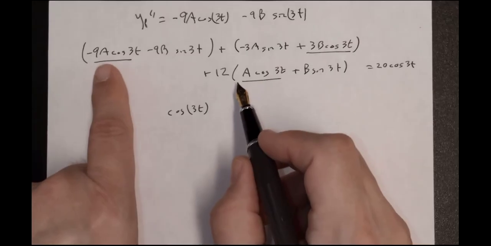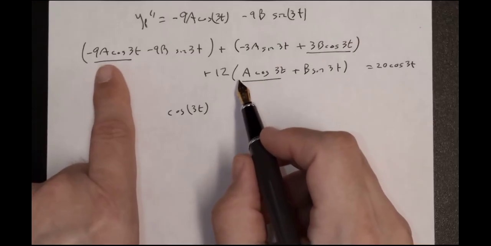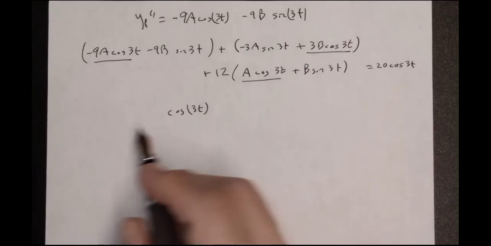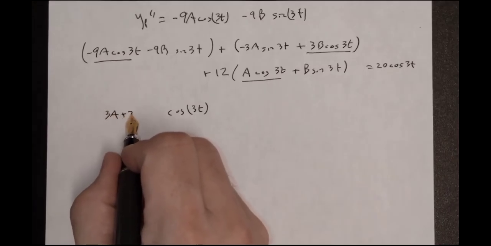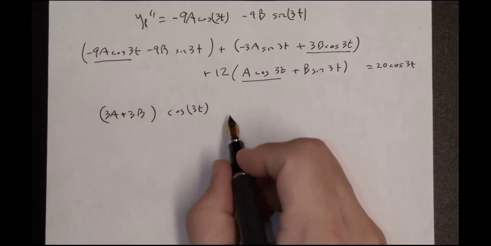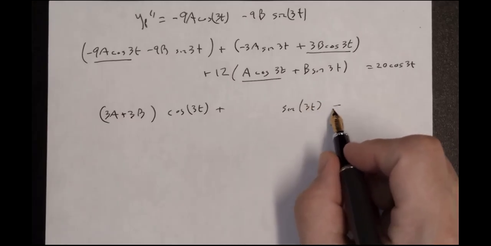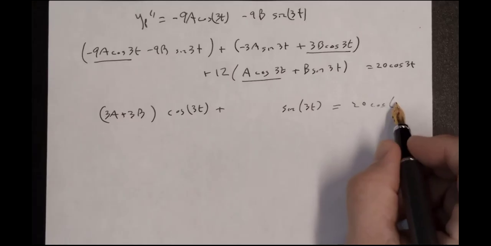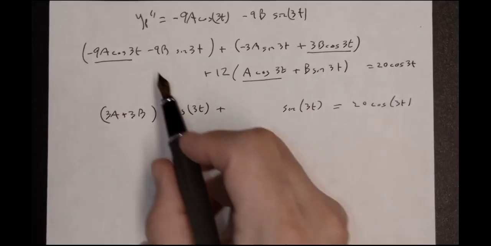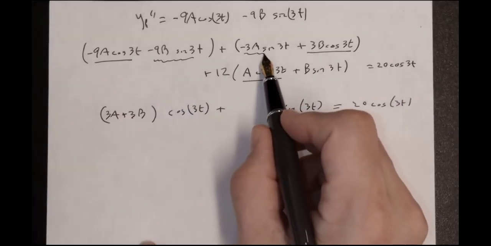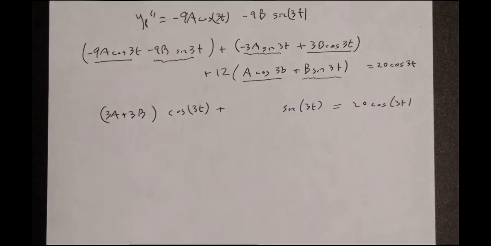Okay, but negative 9a and 12a is 3a plus 3b. Now look at the sine terms. What's the coefficient for the sine terms?